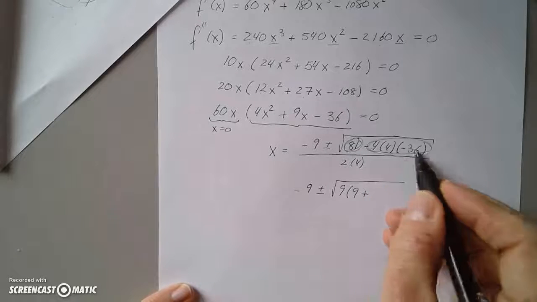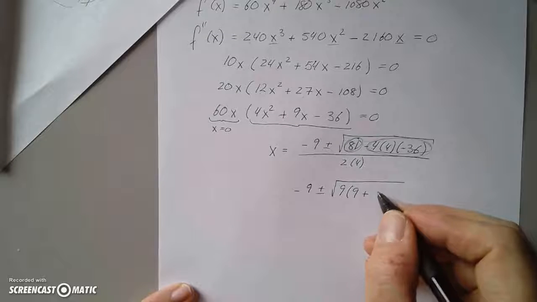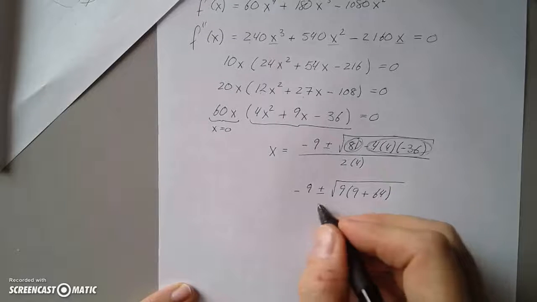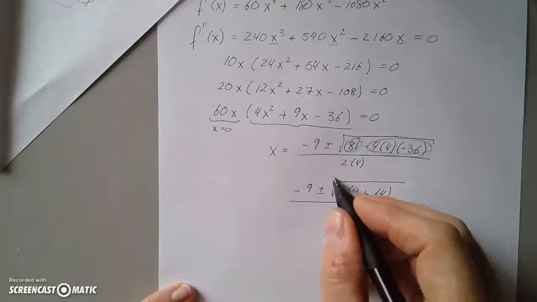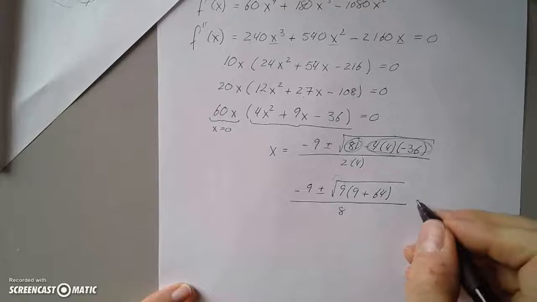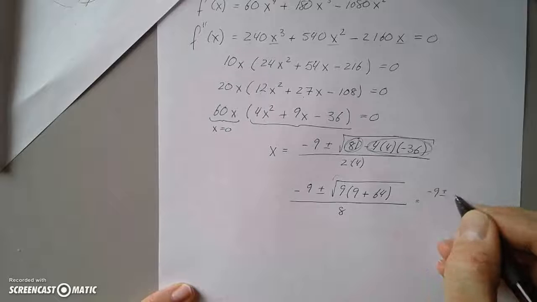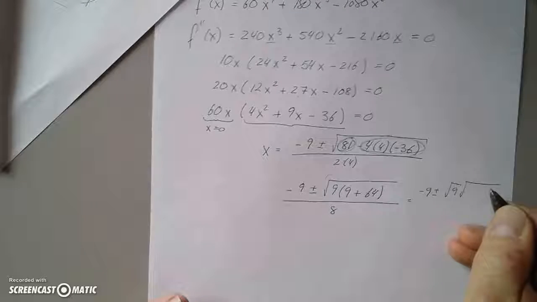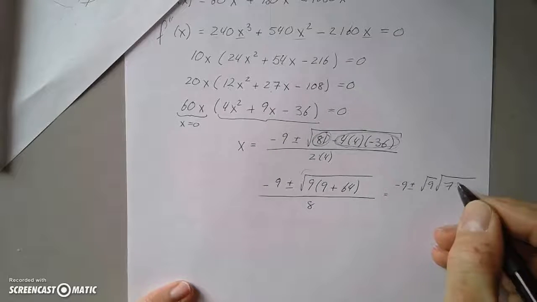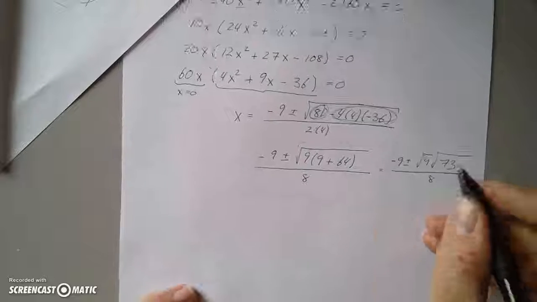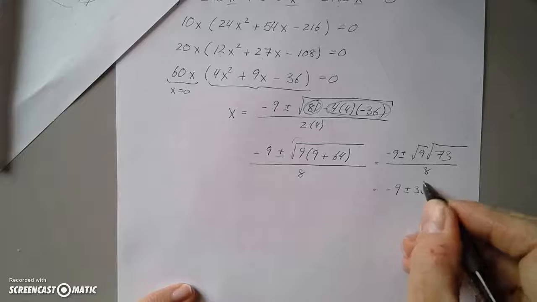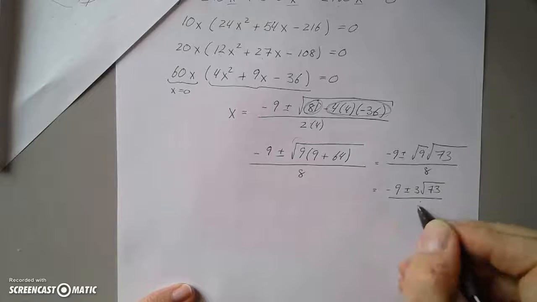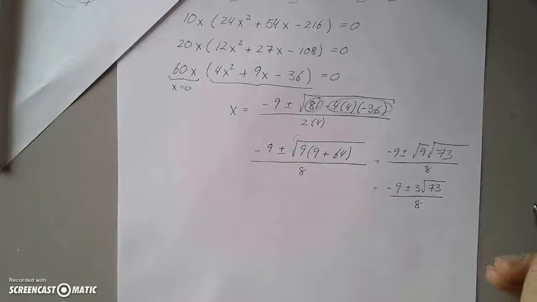That's 16 times 4 is 64, all over 8. I can pull the 9 out of the square root by taking the square root, meaning this is root 9 times root 73 over 8, which is minus 9 plus or minus 3 root 73 over 8.